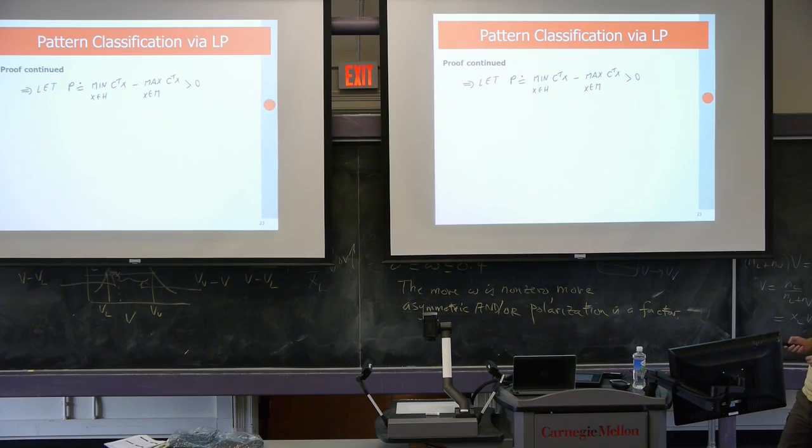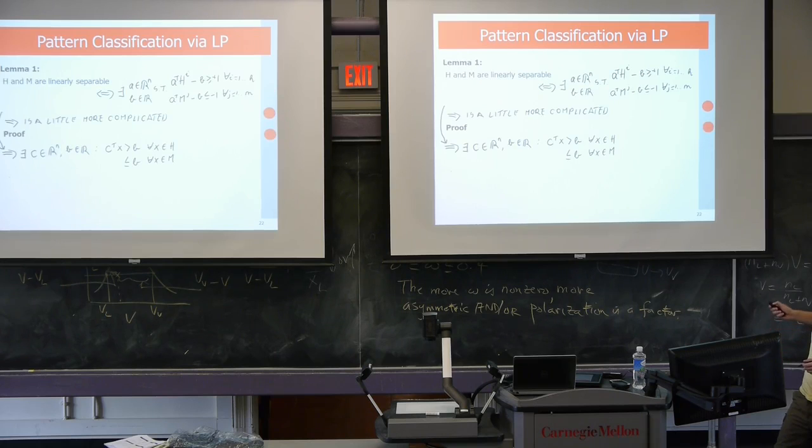How we did that: we created this scalar P, and we divided C by P and multiplied by 2, and that was our A vector. We also constructed a B scalar, and we proved that with this A and B we will have these two properties.